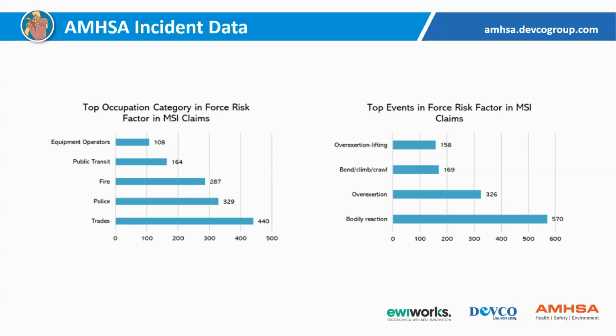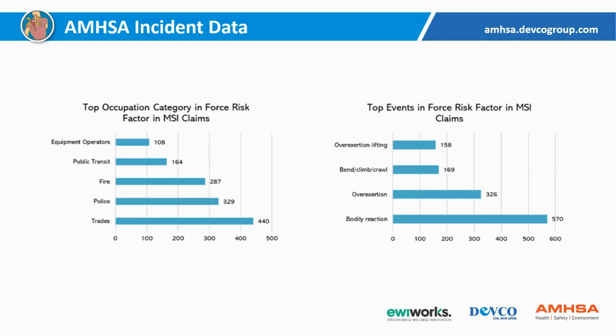And remember, I said that what we're talking about there is non-impact injury resulting from excessive physical effort. So bodily reaction, then overexertion. We're trying to do a little bit more than we're capable of. Bending, climbing, or crawling, and then overexertion lifting, which has been broken out from overexertion itself.